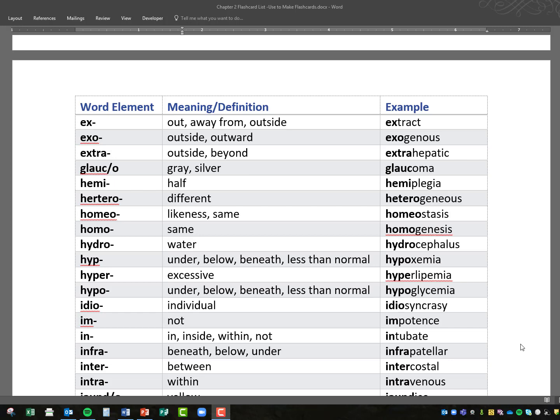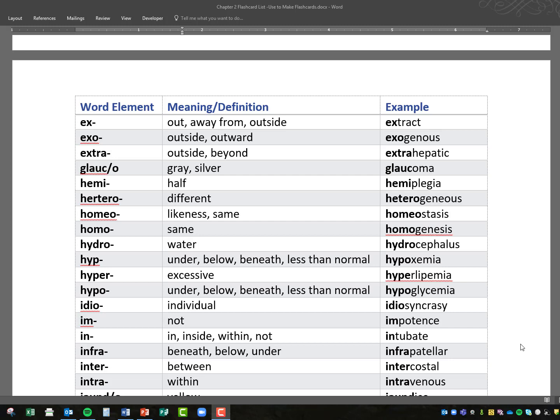All right. Hypo, under, below, beneath, less than normal, like hypoxia here. I have that O bolded, even though the O actually belongs with the word root. So in hypoxemia, emia is our suffix, which means blood condition.